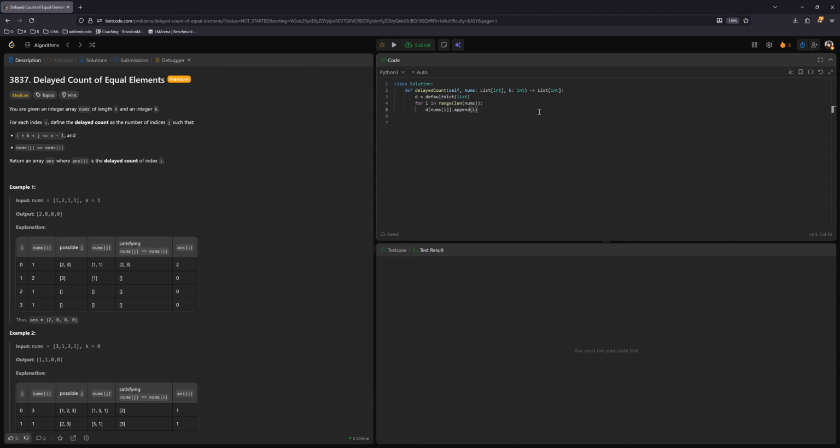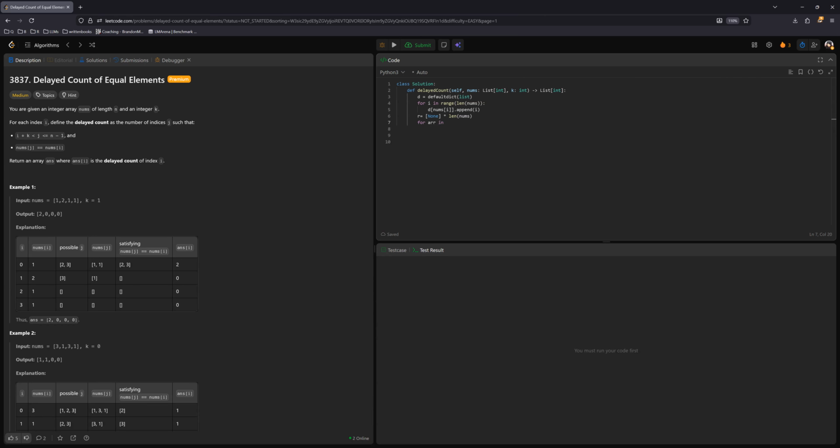So up to 2, right? I think this is what it wants. r equals None times length nums, right? And then we need an insertion point. Actually, I think that we can do this inline. No, we cannot.